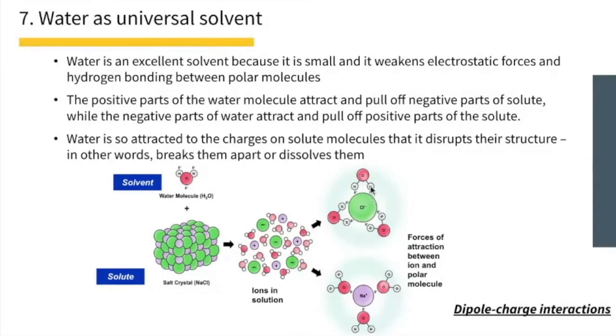So oppositely charged molecules will attract each other, right? Okay, that's how it forms what we call a dipole charge interaction. Okay. And the same for the sodium. Sodium is positively charged and it will be attracted to the negatively charged oxygen in water.